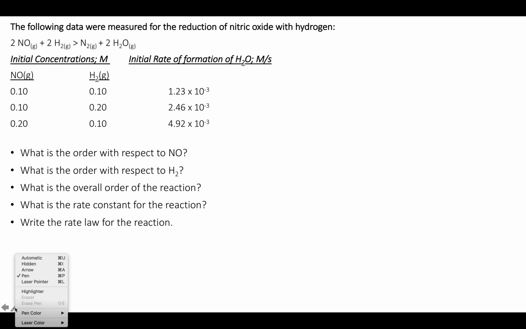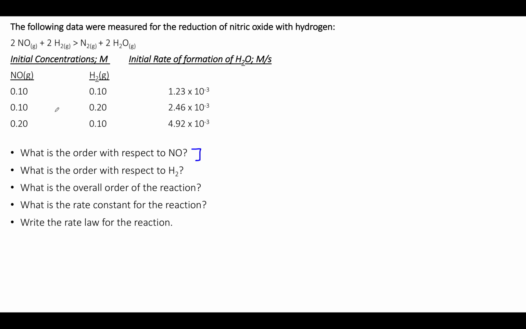First, I'm going to start off by determining the order with respect to nitric oxide. How you do this is you manipulate your data table here. I have 3 rows of data here. Going across horizontally, in my first row, I have the same concentrations of reactants, and I form the gaseous water at this rate.